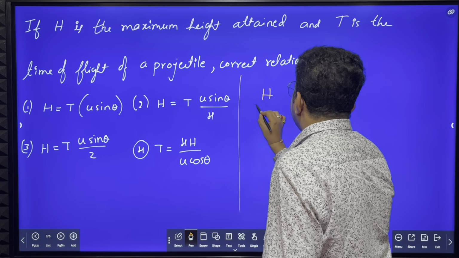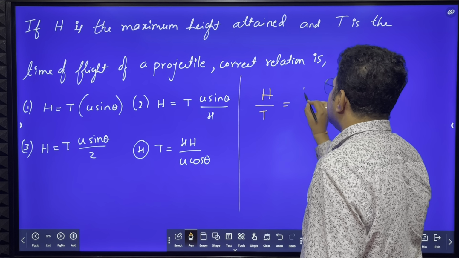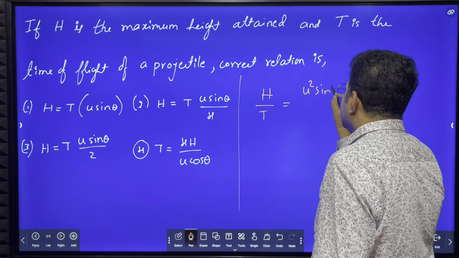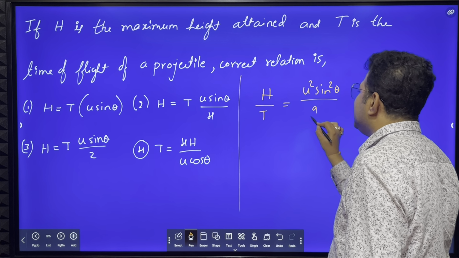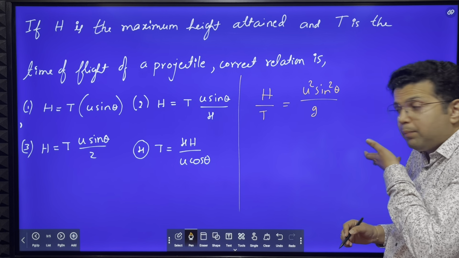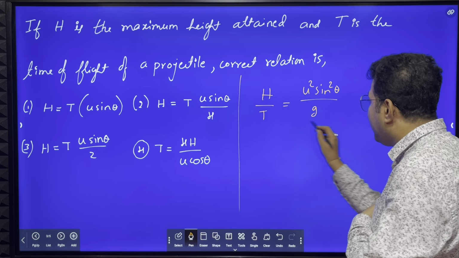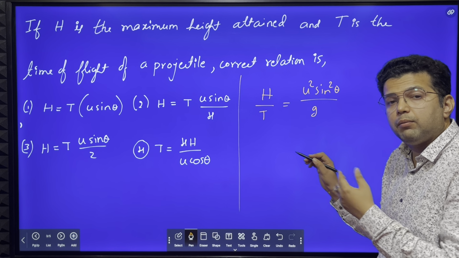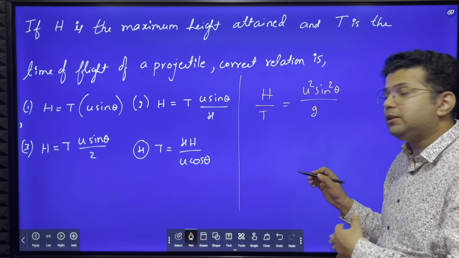perform h by t. What happens we will see. What is h? h is equal to u square sin square theta divided by 2g, divided by time of flight. Time of flight means what? 2u sin theta by g.